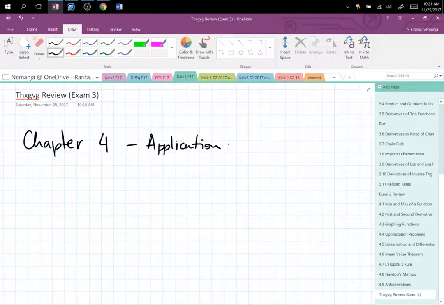You need to know how to differentiate. It assumes the knowledge of everything from chapter 3: the tangent line, the product rule, quotient rule, chain rule, implicit differentiation. All of those are used in chapter 4.